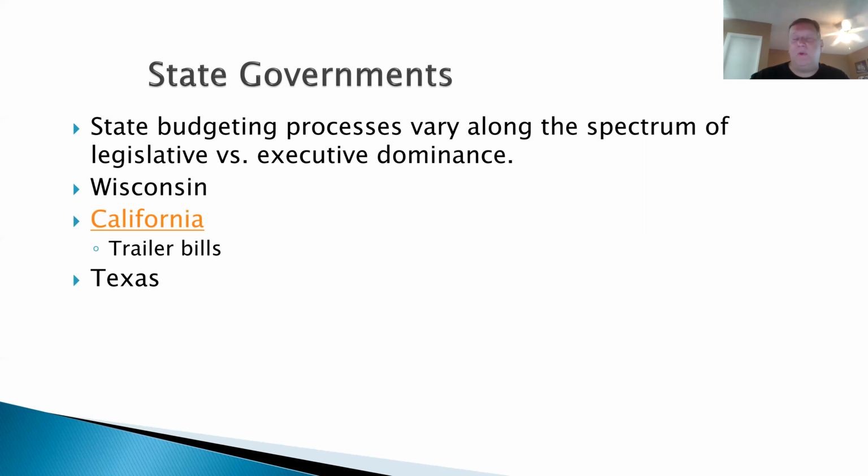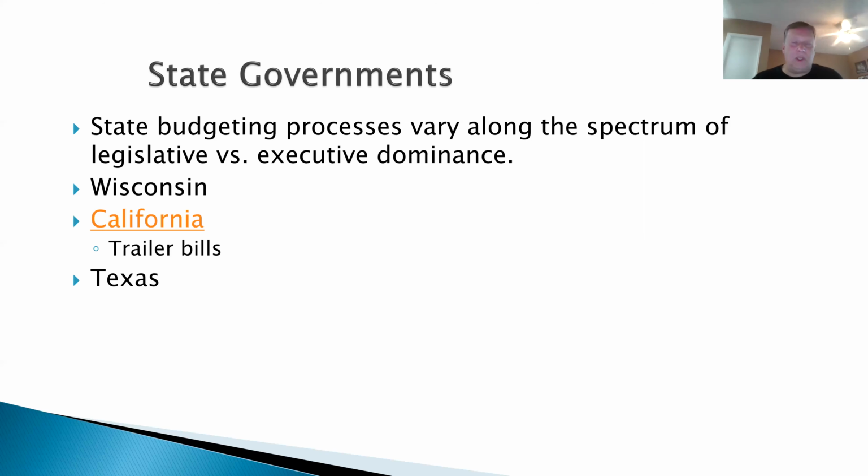Well, all that language on how you actually do it and the specifics, that's all found in what we call trailer bills. So throughout July and into August, and really sometimes into September, you'll see the state legislature passing trailer bills that will then provide us with the specifics for how the budget should then be implemented.